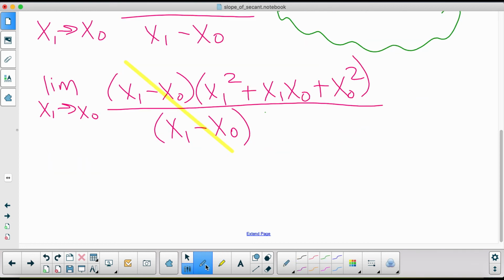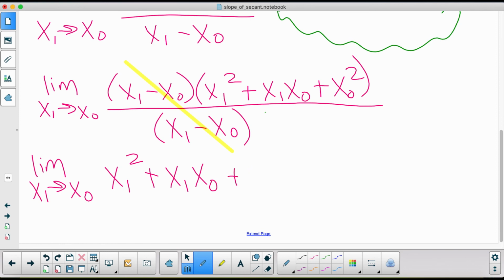And then you are left with the limit as x sub 1 goes to x sub 0 of x sub 1 squared plus x sub 1 x sub 0 plus x sub 0 squared.